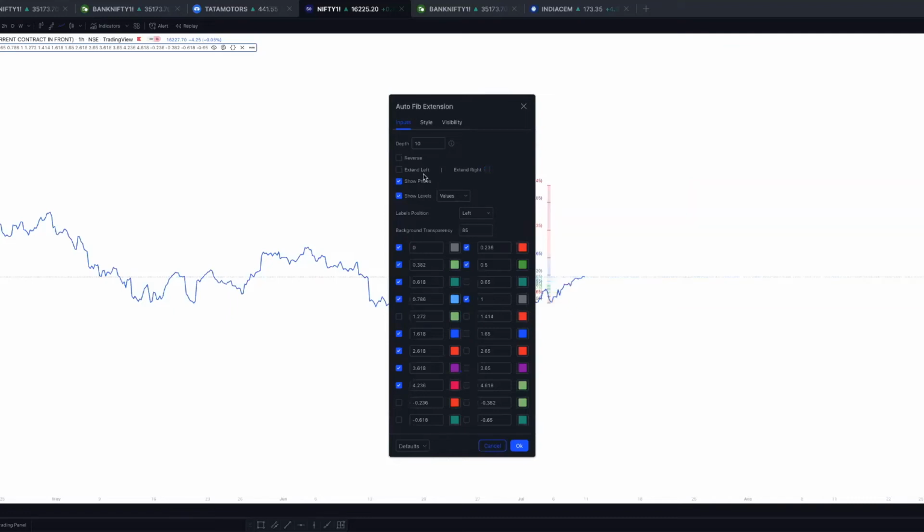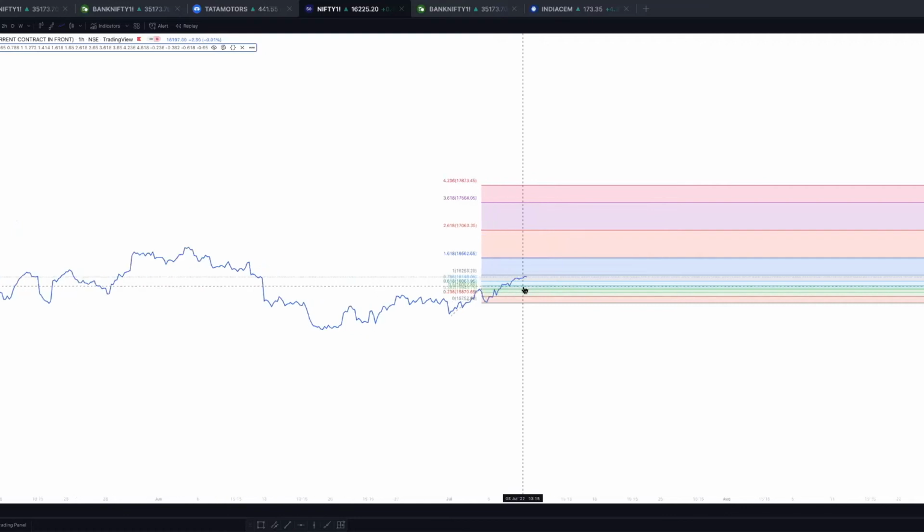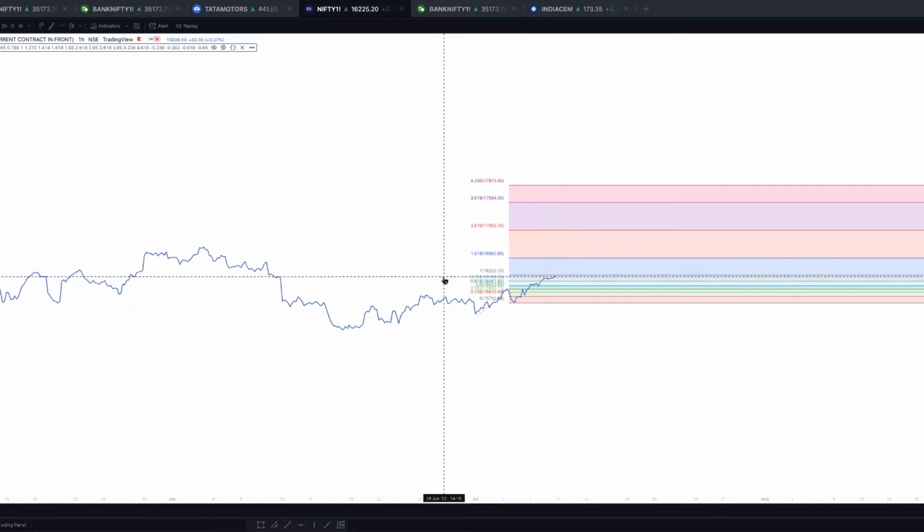I'm just disabling extend left and extend right, so I don't want it to clutter the chart. So here you could see the one is coming over here. Again, you have to adjust it to make sure your one is getting to the point over here, the closing price or the high price of the day.